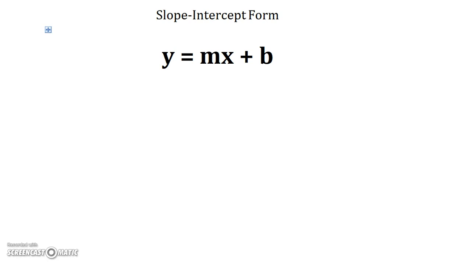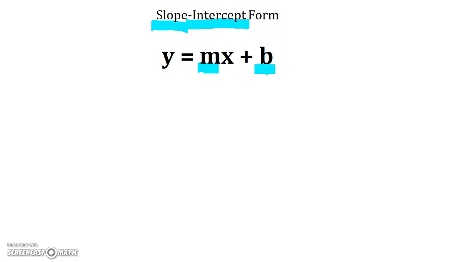First, let's remember slope-intercept form, y equals mx plus b. If you remember the problems that we did, the two things that we needed to calculate and find actual values for were the slope and the y-intercept, right? So that in the end, we were not writing y equals mx plus b.